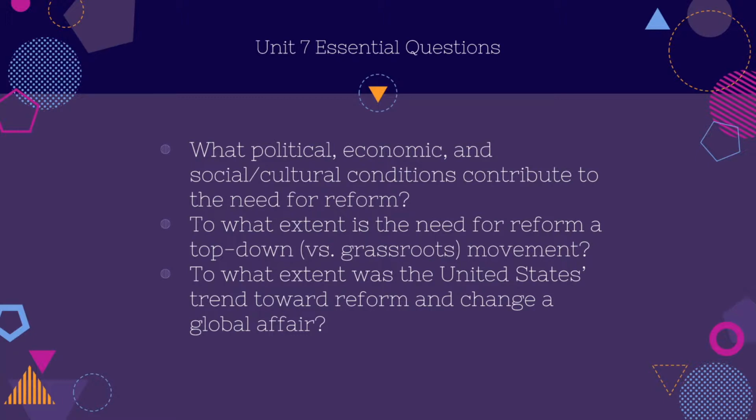All right, and then the last question, to what extent was the United States trend toward reform and change a global affair? Well, let's see, which group have I not touched upon yet? I did mention immigration previously, but if you are researching immigration, you could consider, of course, this question.